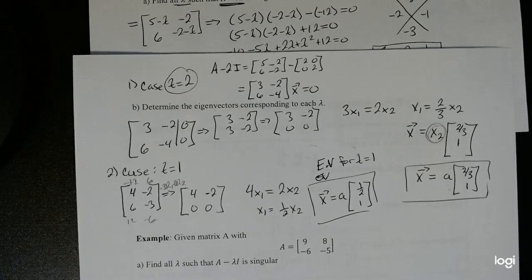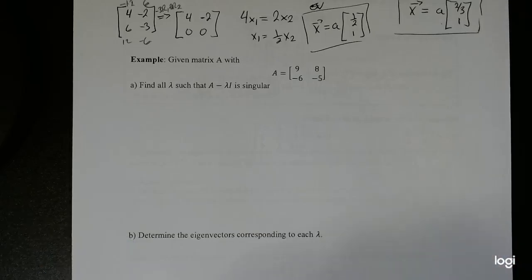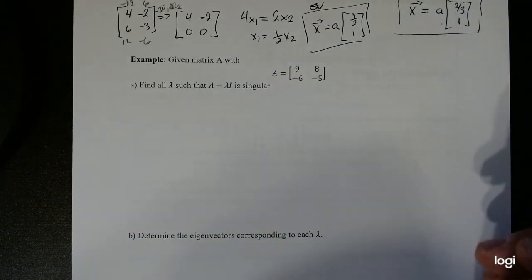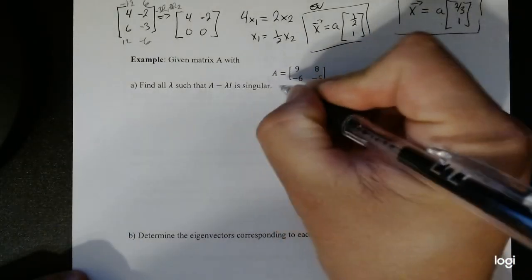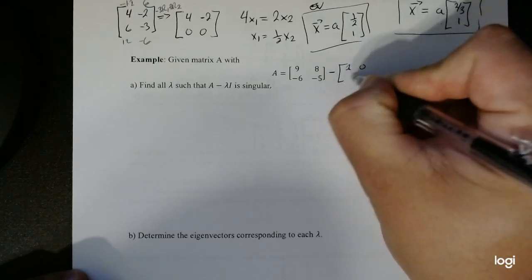So let's try a couple more to finish this process off. 2 by 2s are nice because we have an equation. Once it goes a little harder, once it goes a higher order. But let's try another practice problem like this. So again, find all lambda such that this is singular. So again, all you're really doing is this.